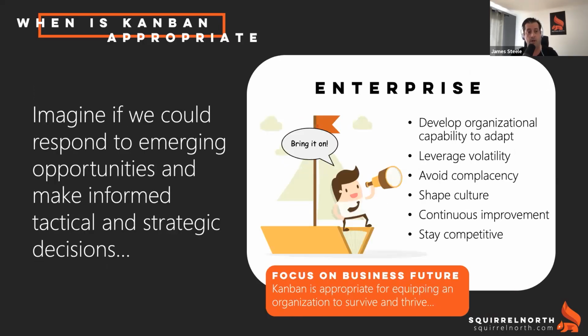The third viewpoint, imagine if we could respond to emerging opportunities and make informed tactical and strategic decisions. So our third viewpoint involves thinking about the viability and future of our businesses. Leaders that start or run businesses are risk takers, right?